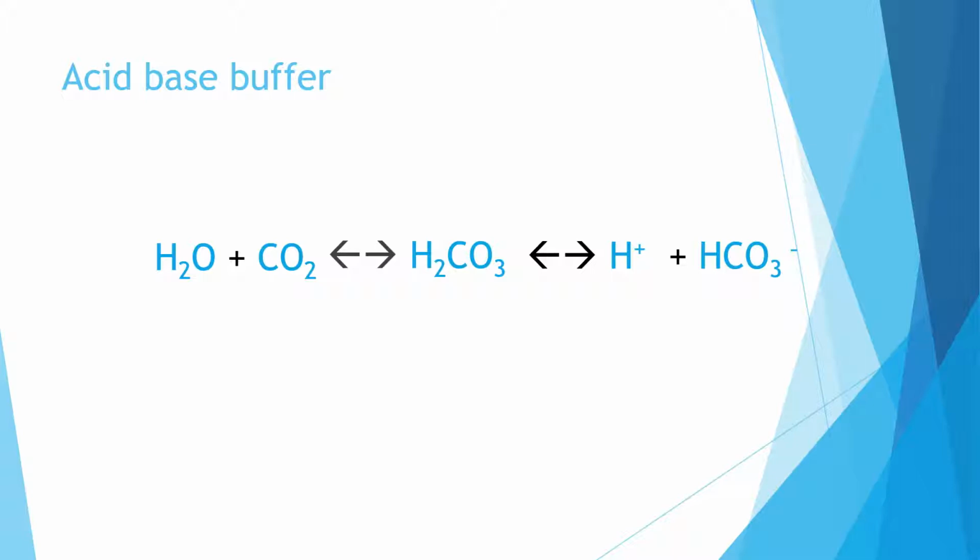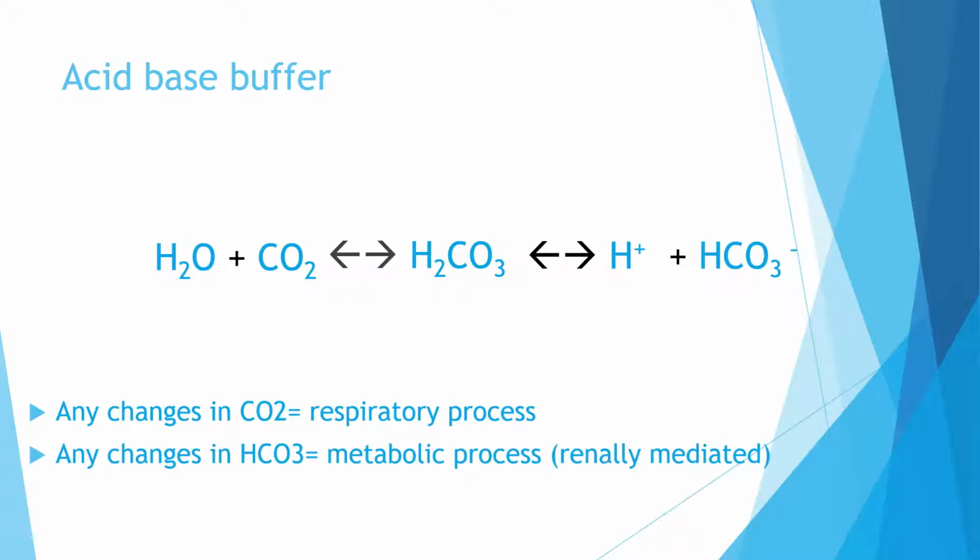If this system fails to function properly, it can lead to acidemia or alkalemia. Any change in the CO2 means that this is generally a respiratory process, and any change in the bicarb leads to a metabolic process.